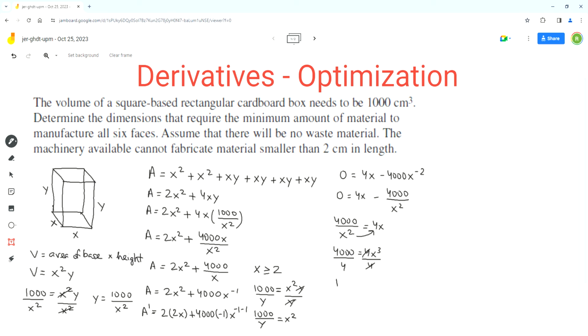So we get 1000 equals x cubed, and now we can apply cube root to both sides. So we get x equals 10.